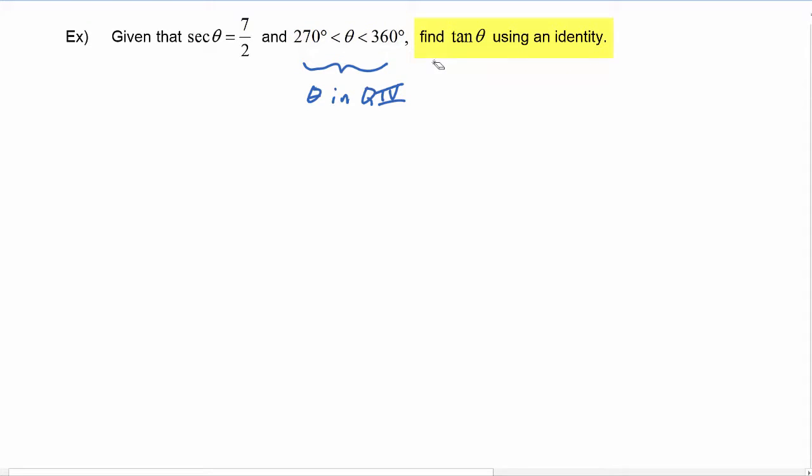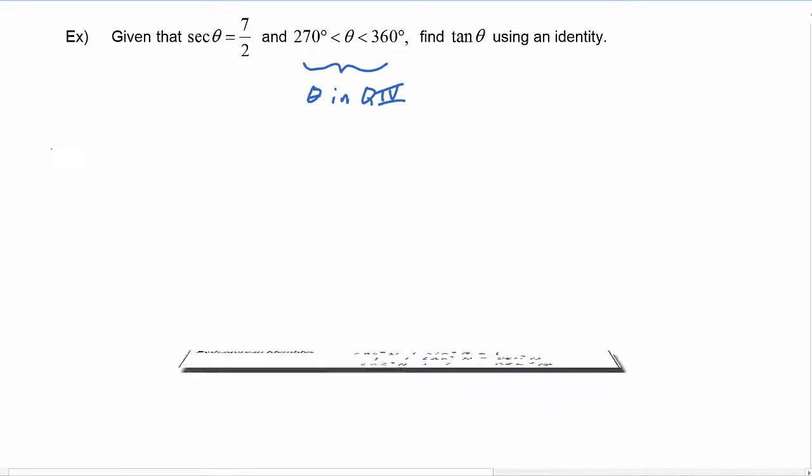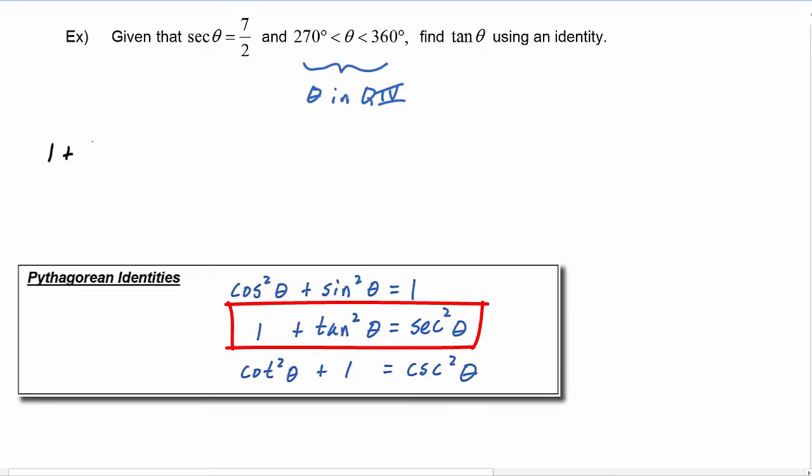And we're being asked to find the tangent of theta using an identity. Now we know that the identity that involves secant of theta and tangent of theta is that 1 plus tangent squared theta is equal to secant squared theta.